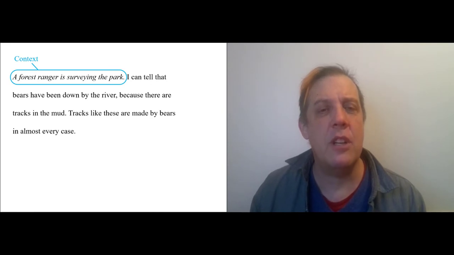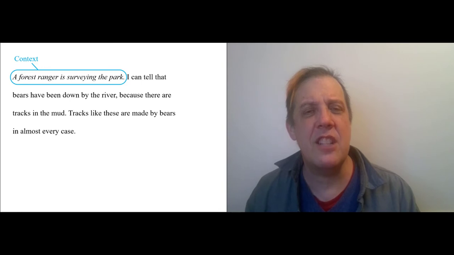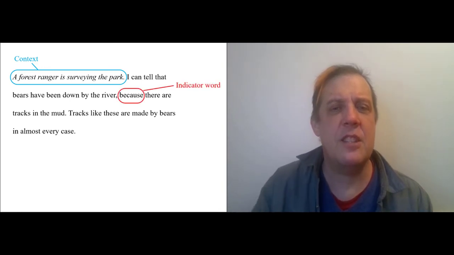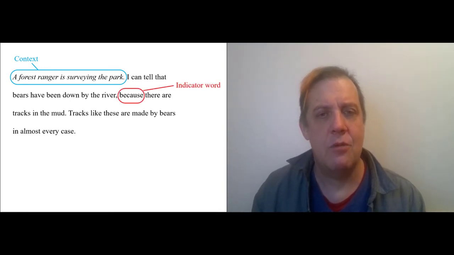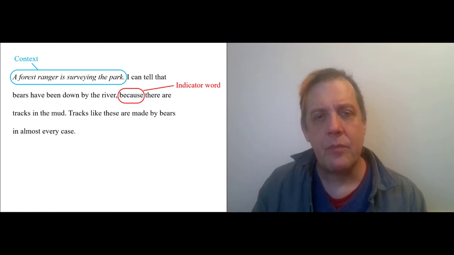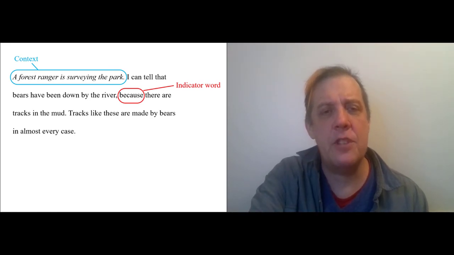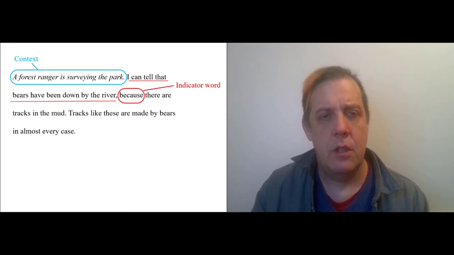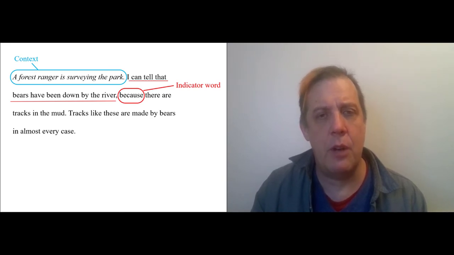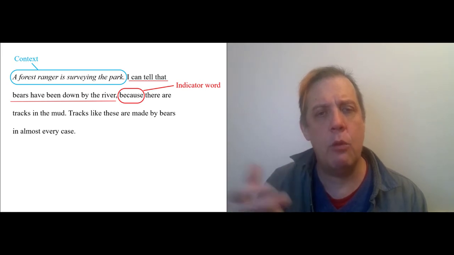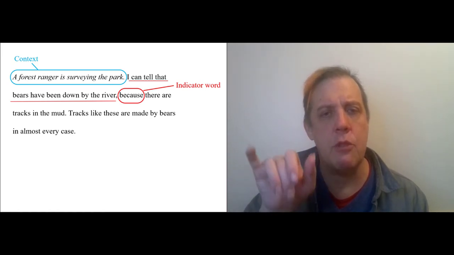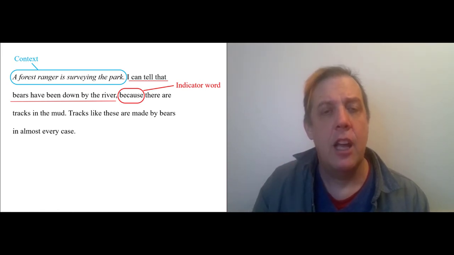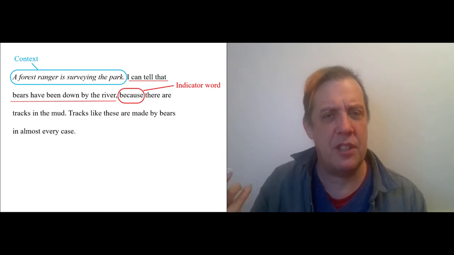So this is an argument, and you can tell it's an argument because it has an indicator word. It's got this because, right? And that means that the first statement is the conclusion. I can tell that bears have been down by the river. When we put this in standard form, we're going to drop out the I can tell that, and we're just worried about this proposition that's about the world.